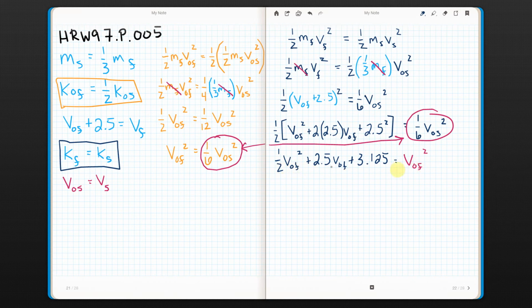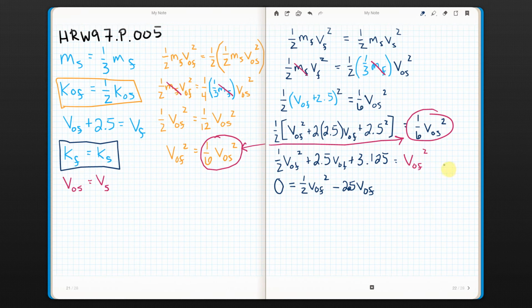So on the left I'm going to have a 0. On the right I'm going to have V0F squared minus 1/2 V0F squared. That will leave me with 1/2 V0F squared. Over here I had nothing, and then I'm going to subtract 2.5. So what I end up with is 2.5 V0F.